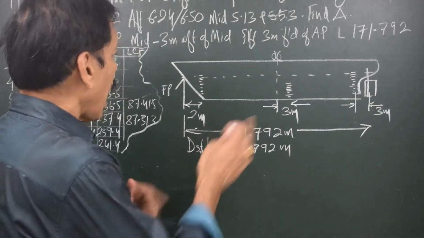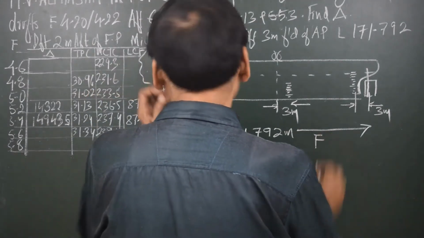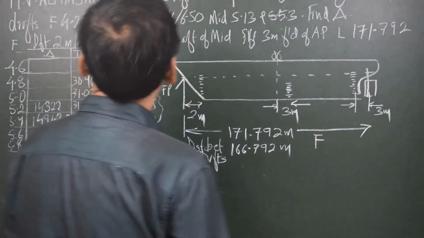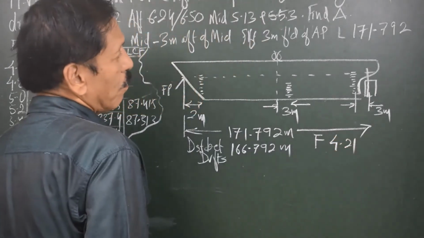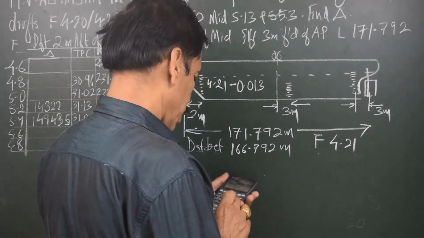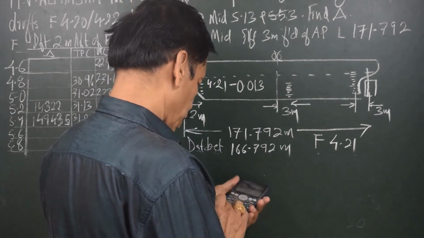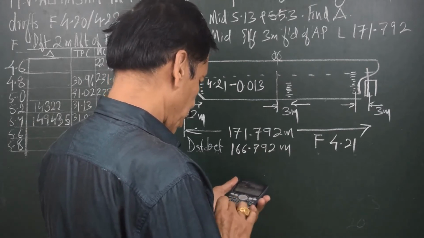And now what is the apparent trim? If you see the forward draft, the mean of the forward draft is 4.21 meters, and the mean of the aft drafts is 6.24 plus 6.50 divided by 2.